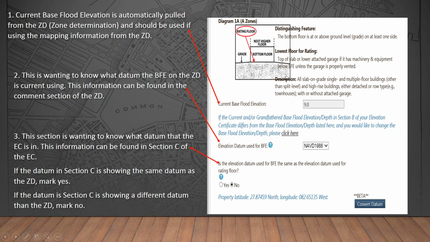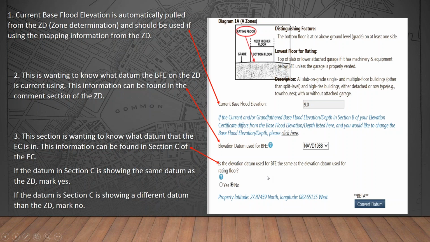So as we said before with our last one, when you do the zone determination in-house, the base flood elevation will automatically pre-fill for you. And then you'll select again the datum that your zone determination is in. And if your datums are different from your elevation certificate to your zone determination, you would mark no. Now, as you can see again, your latitude and longitude do come up on your screen just so you can keep them in reference.